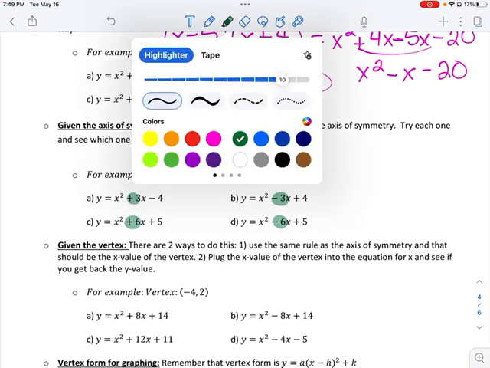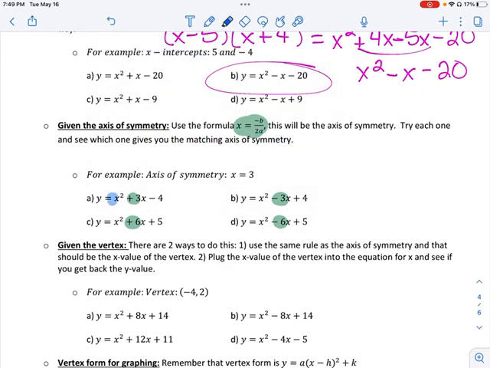And you also look at your a's, the ones in front of your x squared, and you ask yourself, which ones would give me an x equals 3? So if I go 3 divided by 2, is that going to give me 3? And the answer is no. So right away, I know A and B are not the answers.